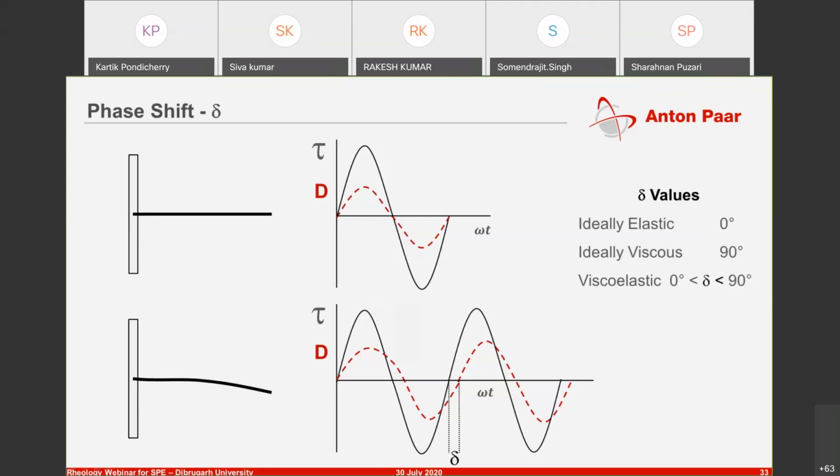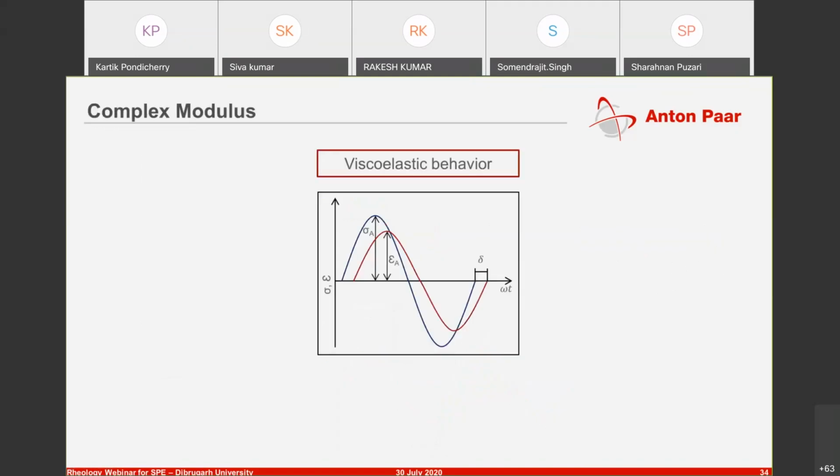So why is this important? You saw the same diagram before in a different version, but here you have the stress and the strain and the phase shift angle delta. And the stress amplitude, the strain amplitude, and phase shift angle delta.